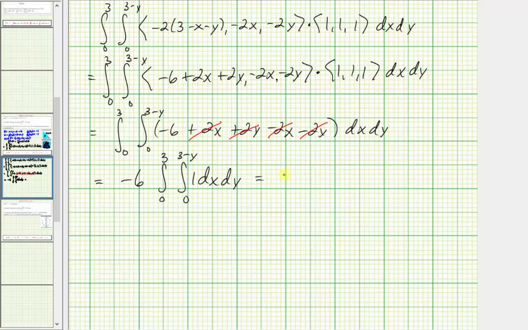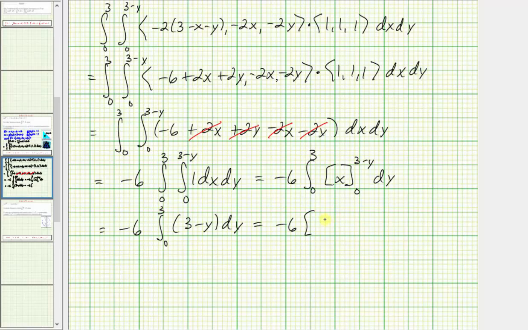So we integrate with respect to x first. So the antiderivative is just x. So big F of b minus big F of a is just going to be the quantity 3 minus y minus 0. So we just have 3 minus y. And now we integrate with respect to y. So we'd have 3y minus y squared divided by 2.